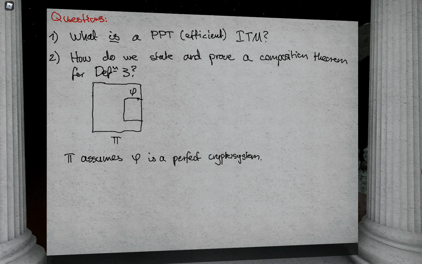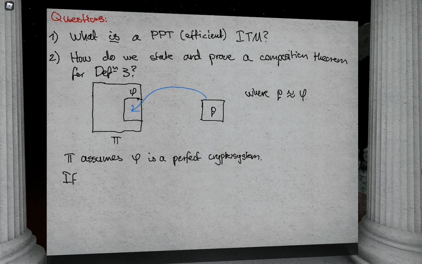Then what we want to be able to do is take an imperfect crypto system rho, and swap out the assumed perfect part phi with rho, where rho is indistinguishable from perfect. And we want to maintain the security property.